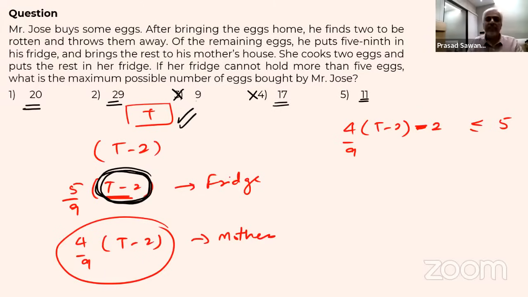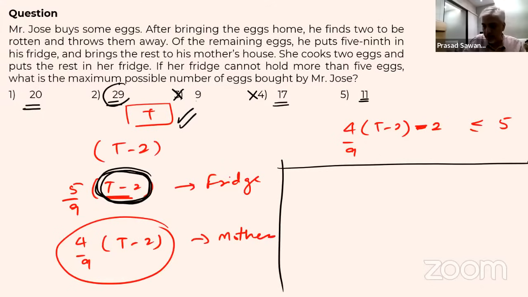Okay. Since they had asked for maximum, I will try with option number 2 first. When I start with the option, the only thing I should be careful about is that at the end, the mother cannot put more than 5 eggs in the fridge. So if I start with 29, 2 eggs are rotten, so 27 are remaining.